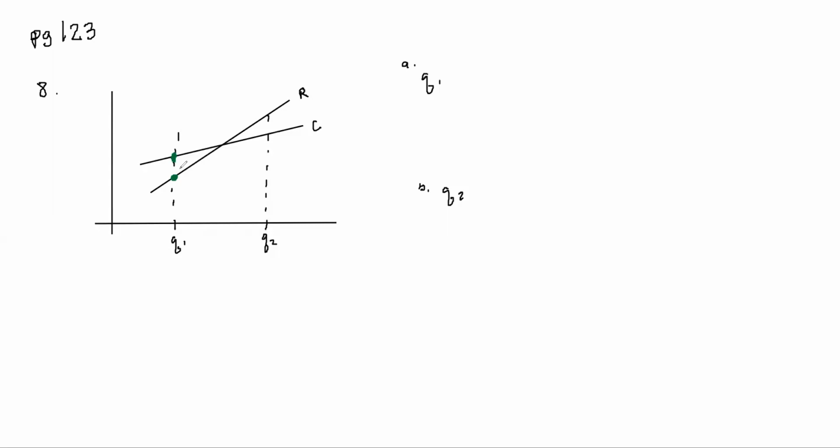Yeah, so I think what we need to just do here is look at what the slope is, because the slope is going to be the whole question. The slope for C is going to be smaller than the slope for R, correct?